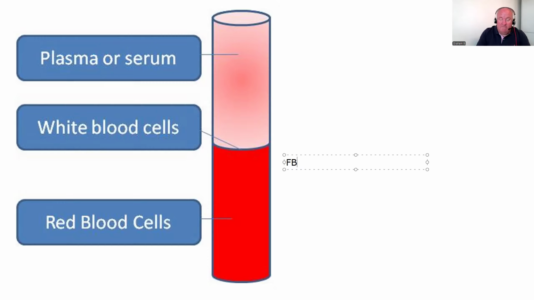If you request a full blood count, there's a blood test marker called hematocrit or HCT. This measures what percentage of all of the blood is red blood cells. And you can see from this diagram, it's about half. So about 45% of all of our blood is red blood cells, which is why your blood's red.